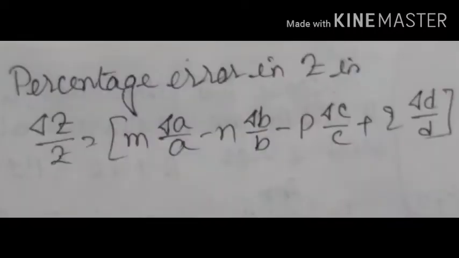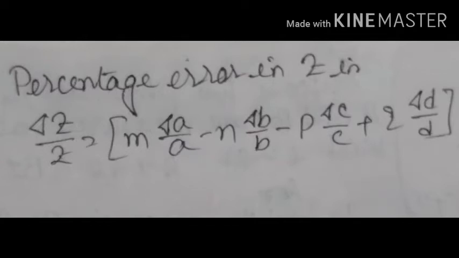To calculate the percentage error of this quantity, we have to use some mathematical solution. We are aware of index in mathematics, logarithm in mathematics, and we have to know about the derivative or differentiation.